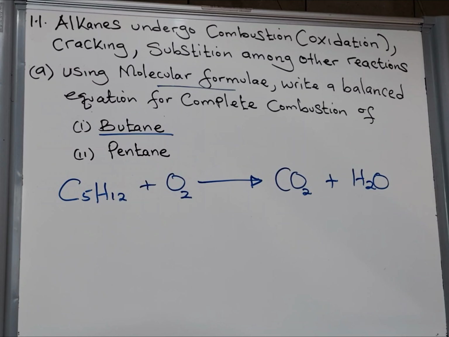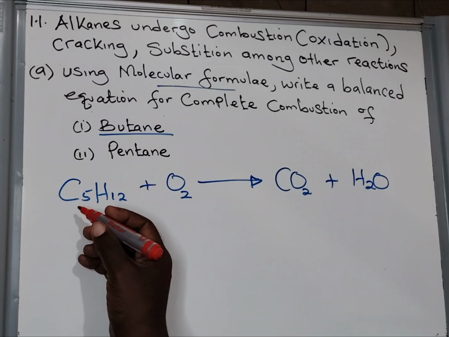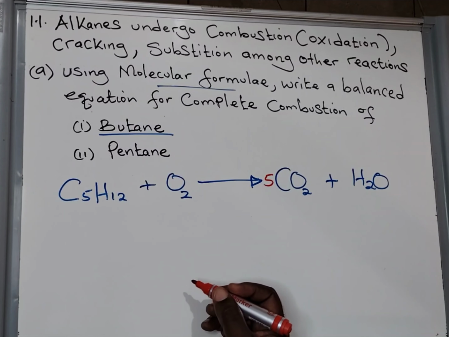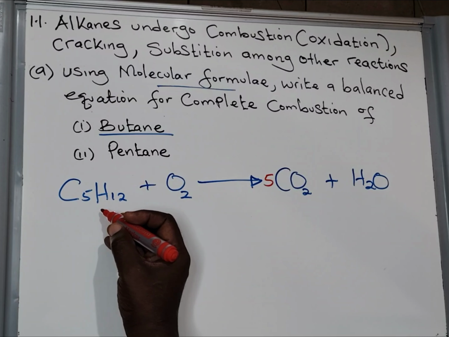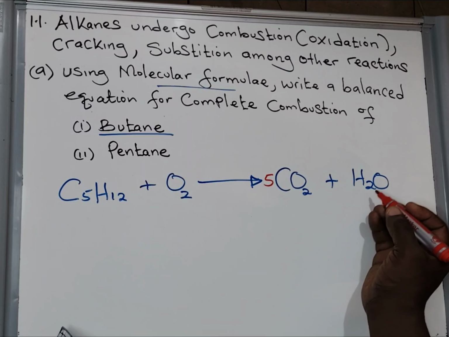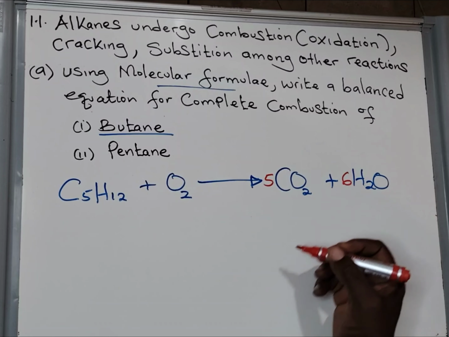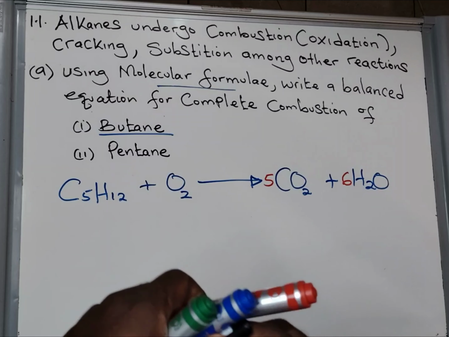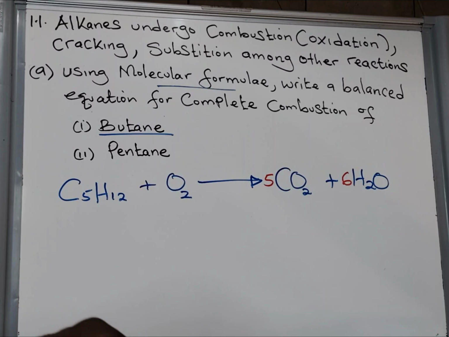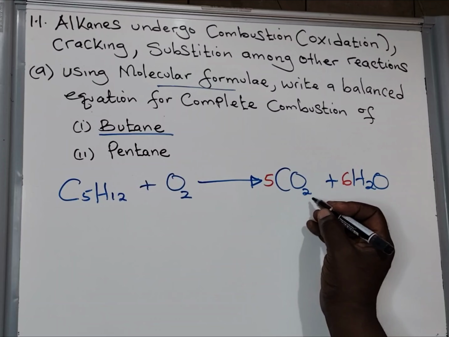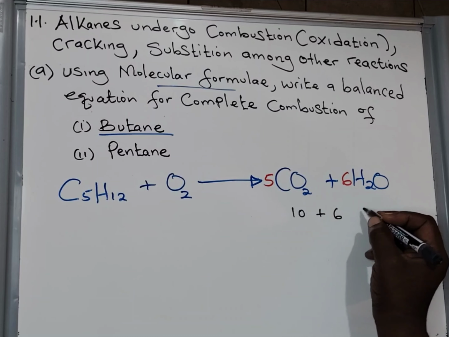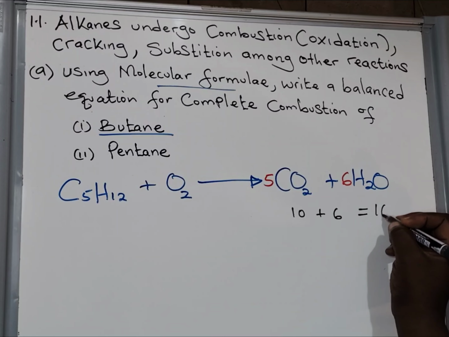And what do we do under this circumstance? We balance carbon. Carbon is 5, so you make this one 5. And the hydrogen is 12. How do you make this one 12? By having a 6 there. Okay. Then what do you have this side? What we have this side is 5 times 2, which is 10, plus 6, giving you 16.